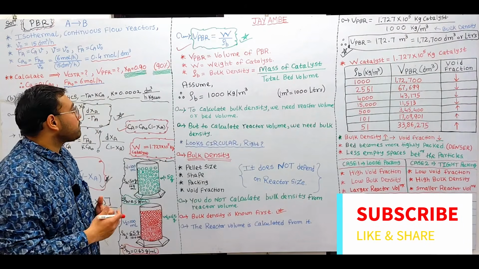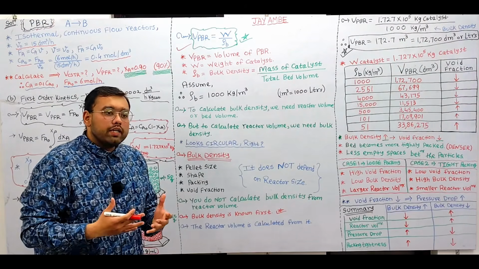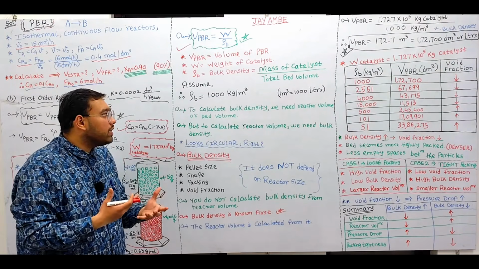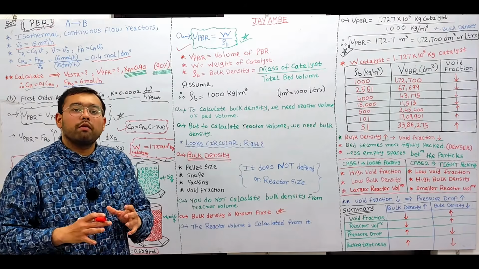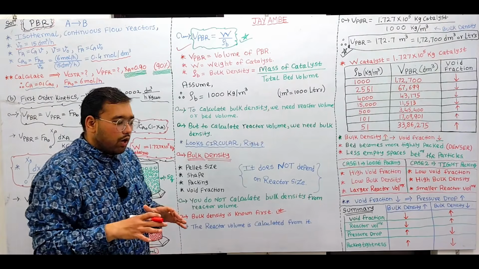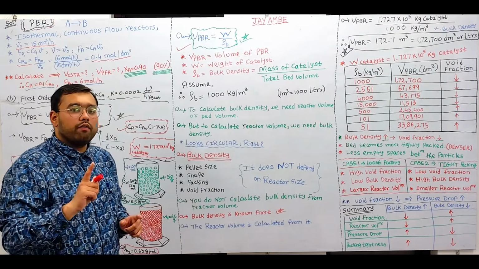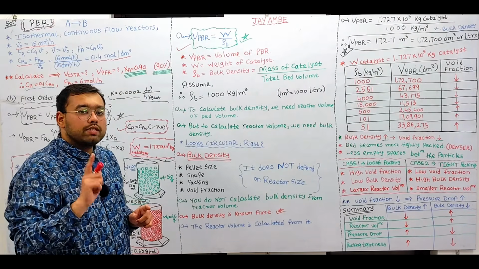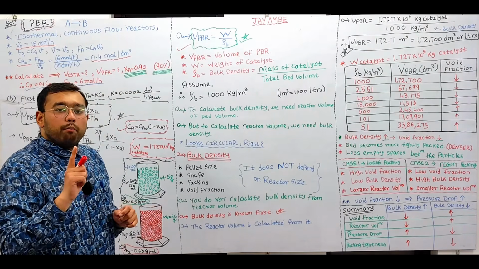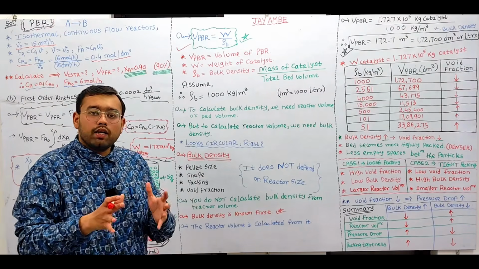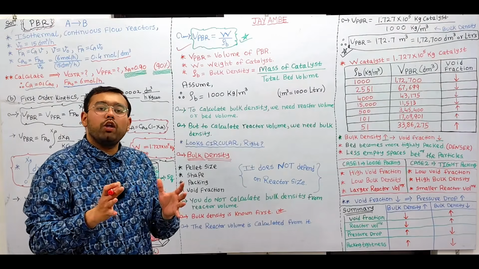Bulk density is the ratio of the mass of the solid catalyst divided by the total bed volume. So now we are going to understand one more important fundamental concept in order to design the packed bed reactor, which is bulk density, right? So bulk density is the ratio of the mass of the catalyst divided by the total bed volume.